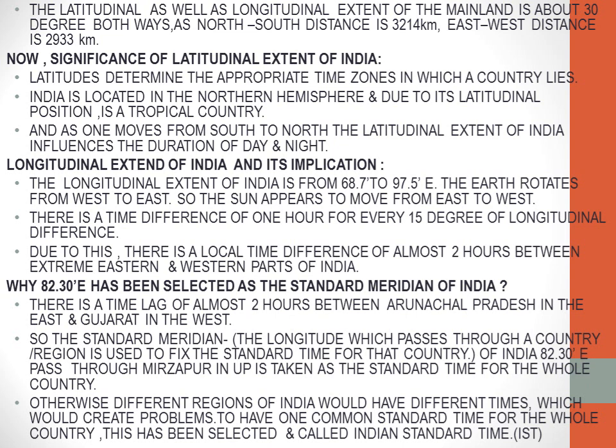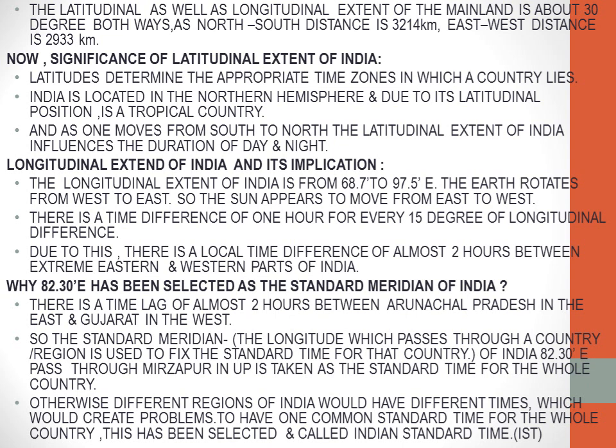The standard time meridian is an imaginary longitudinal line that passes through the country, which we use as the standard of time for the country. For India, it is at 82 degrees 30 minutes east, and it passes through Mirzapur in Uttar Pradesh, and we have taken it as our standard time for the whole country.